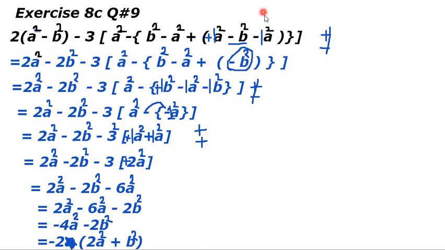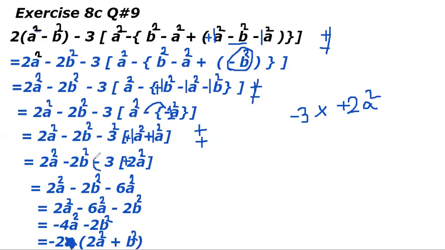I will explain here in the rough work that this square bracket means multiplication. Now negative 3, and this square bracket means multiplication, plus 2a square.